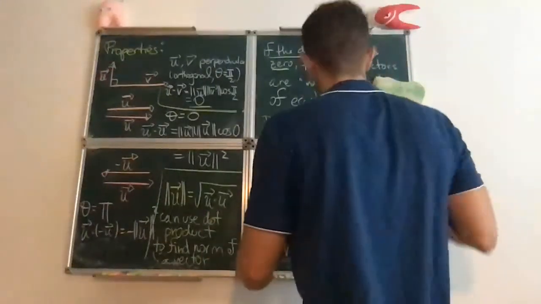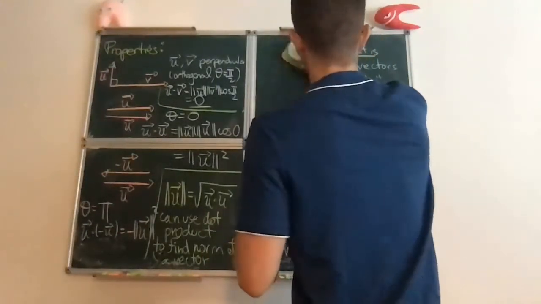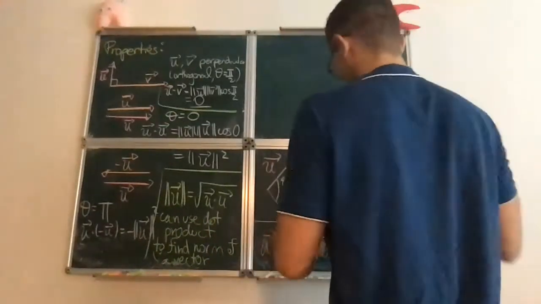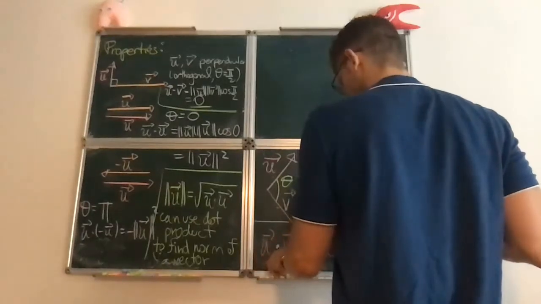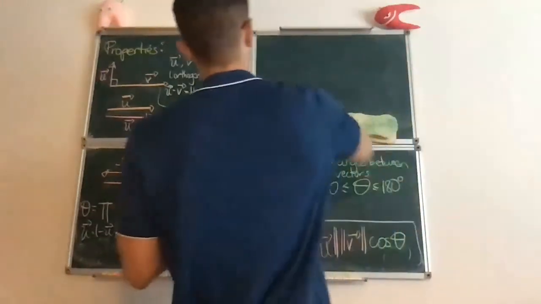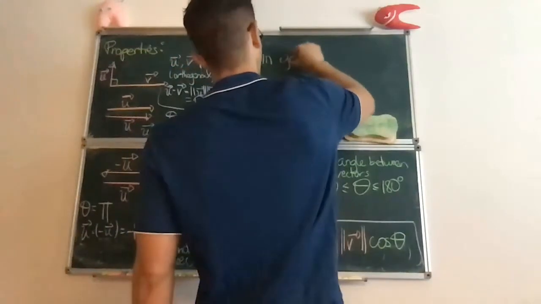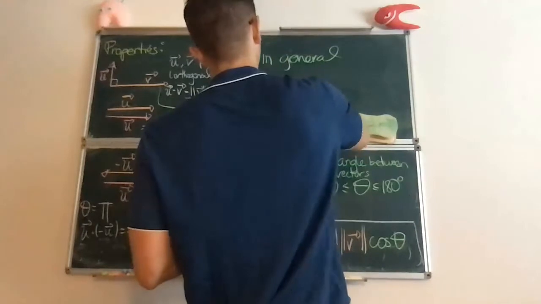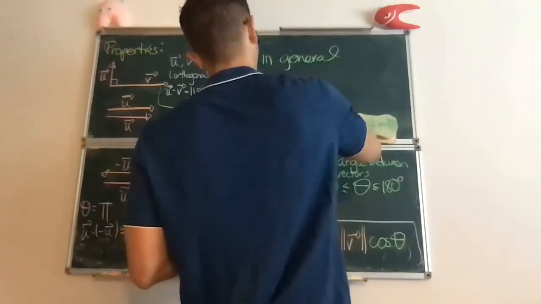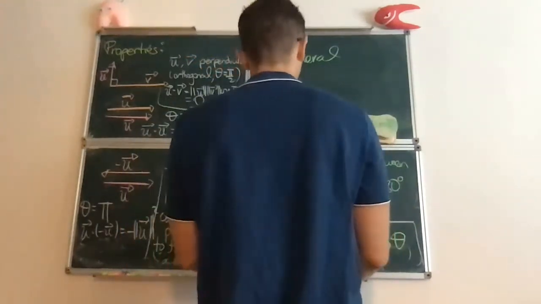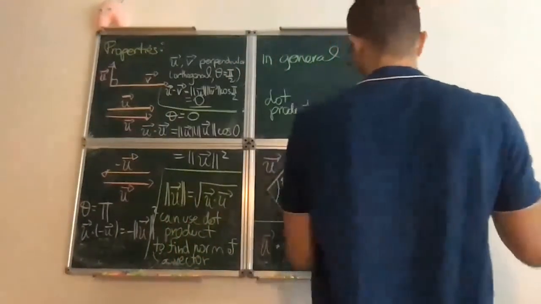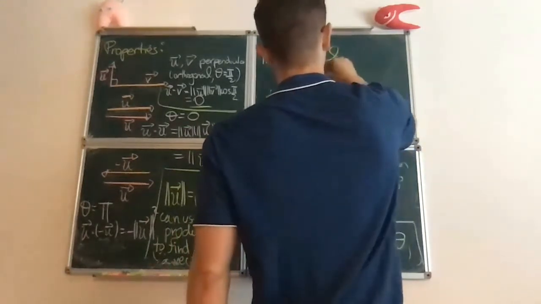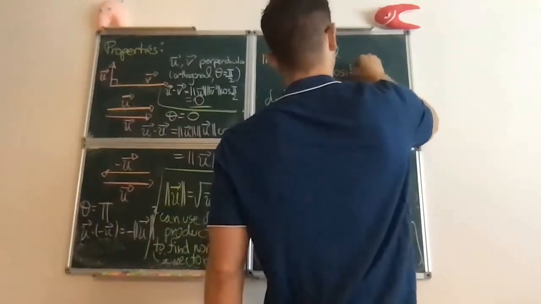So what this is saying is that in general, the dot product can be 0, positive, or negative.